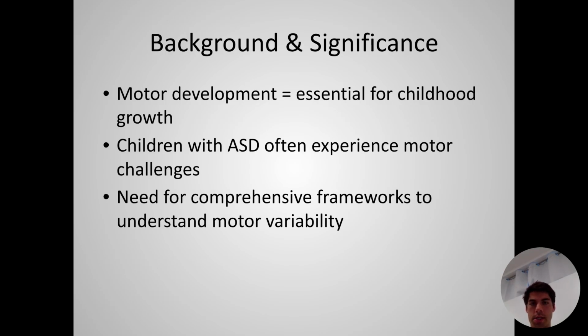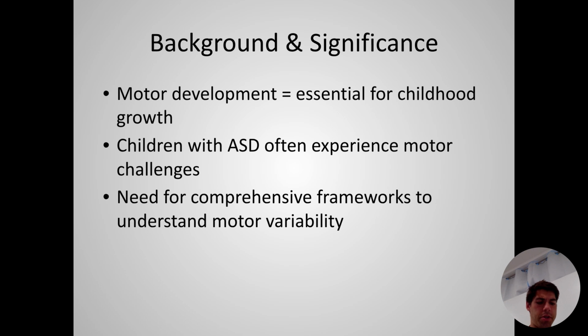Even walking is difficult for them sometimes. Because of this, there's a need to have a breakdown of different variables that affect our motor abilities and a guidance of how we can improve them.